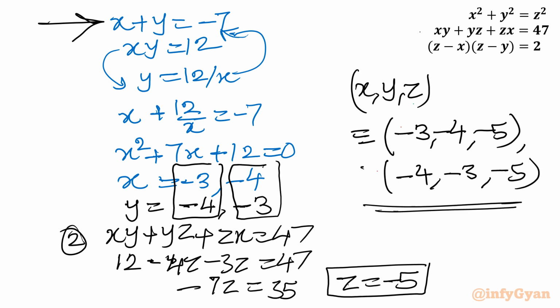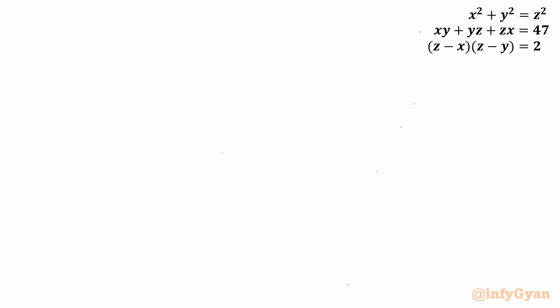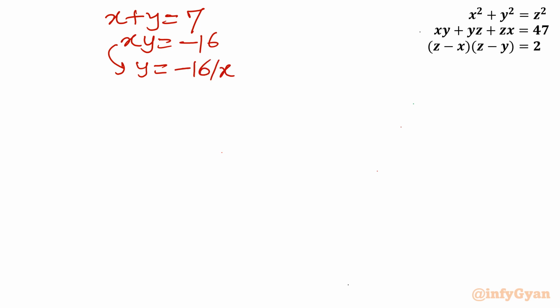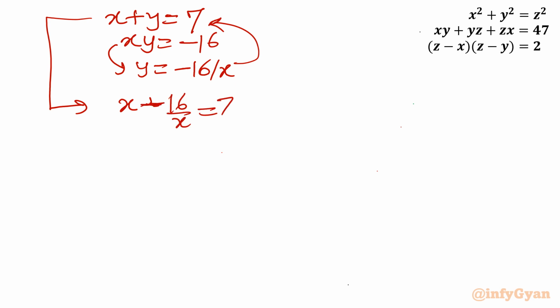Now, system of equation number 3. Let me write that third equation. X plus y is equal to 7. Xy is equal to, this time, negative 16. So I will consider y is equal to minus 16 over x, and then we have to substitute in 1. So x minus 16 over x is equal to 7, x square minus 7x minus 16 equal to 0.